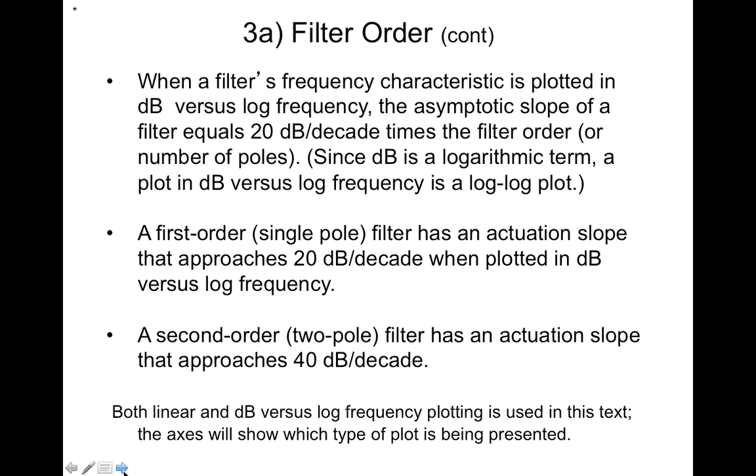So a first order filter has a slope that approaches 20 dB per decade, and a second order would approach 40 dB per decade, and so on. So the higher order your filter, the more rapid your attenuation. And so that just means that you don't pick up extra components of a signal that you don't want.